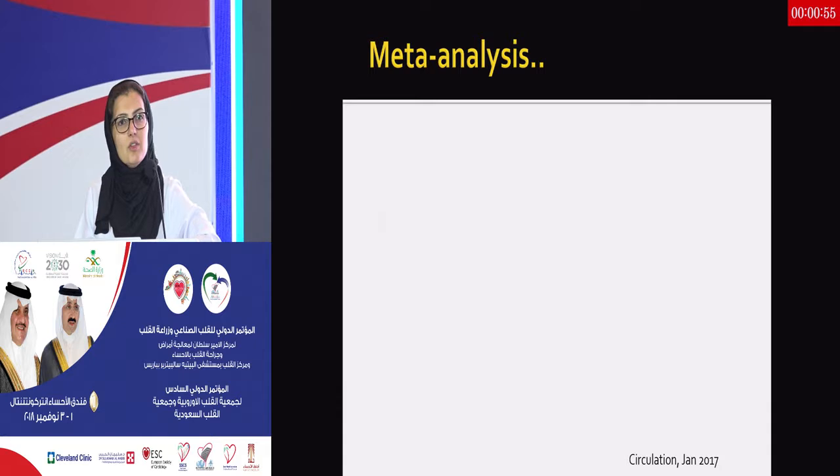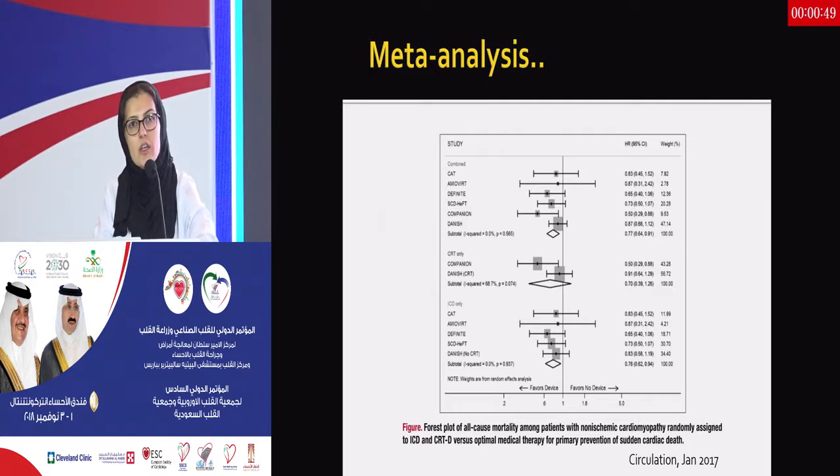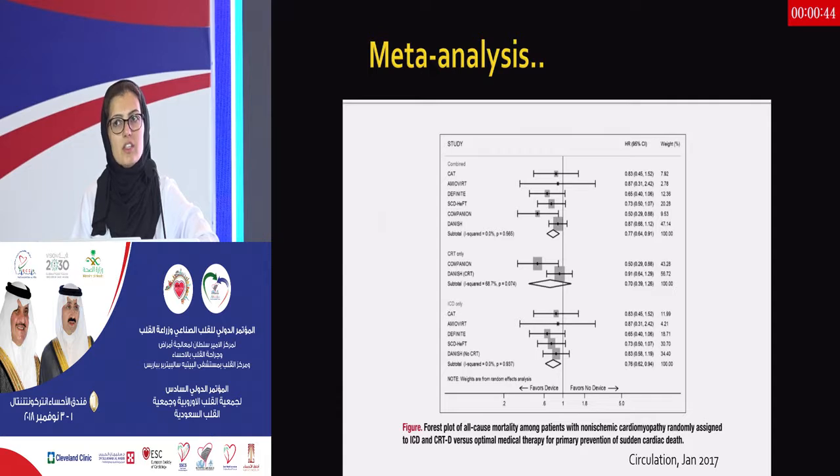And a few months after that publication, which caused a lot of angst and people were worried about changing the practice, this was published in Circulation. And it was basically a review of all of the non-ischemic cardiomyopathy groups within all of the major device studies.